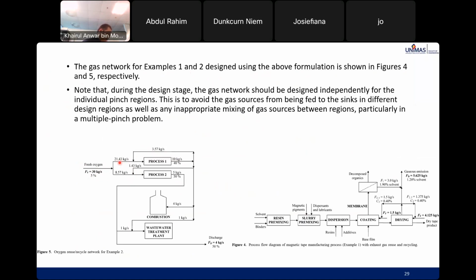If you refer back to figure 3, process 1 requires 25 kilograms per second. So 21.43 is complemented by the recycle of 3.57.